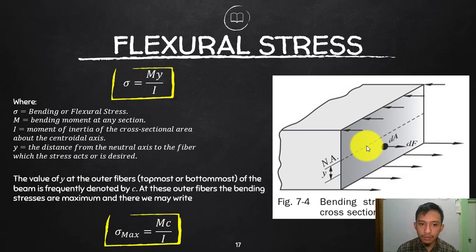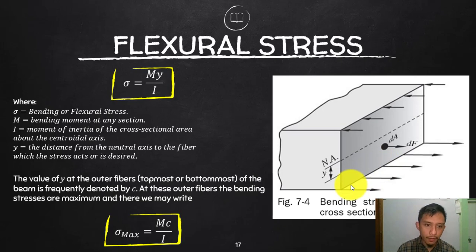So if you want to get the maximum stress, let's say the maximum compression stress and the maximum tensile stress, again as I've said, your y is directly proportional to your stress. So as your y increases, your stress increases. So where will we find the biggest, that maximum tensile and maximum compression? You will find that on the extreme fiber or on the outer surface of your cross section.